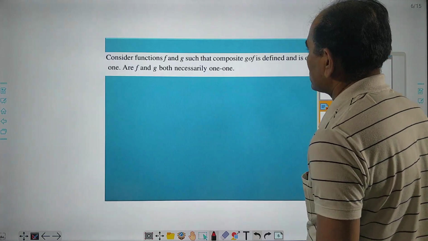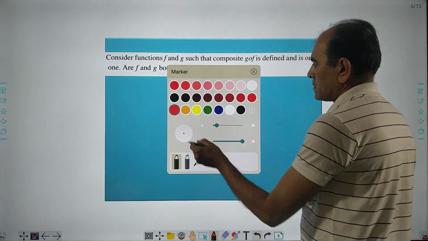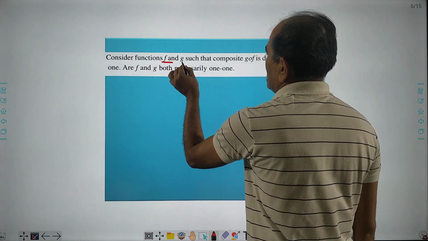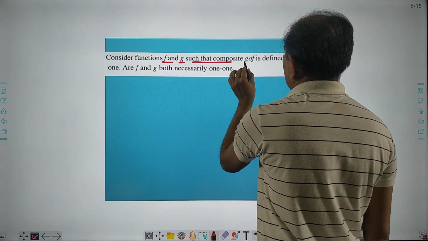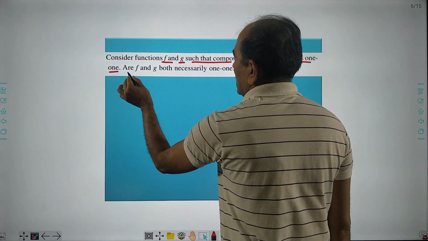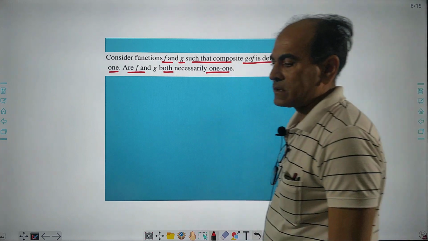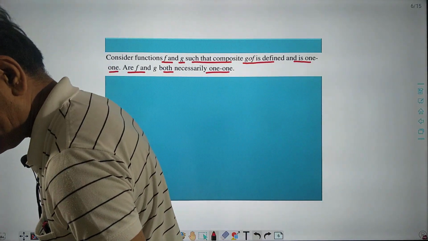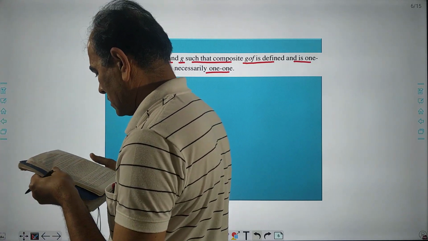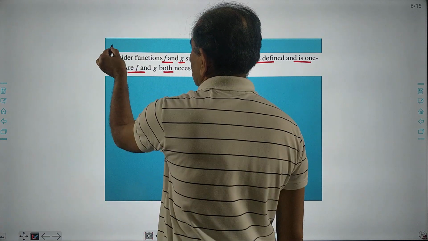Now let us see the next example. See here: f and g such that g o f is defined and is 1-1. Are f and g both necessarily 1-1? This is a very simple example, and it is illustration number 20.